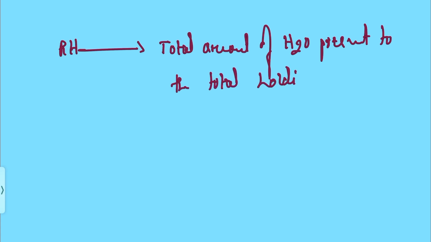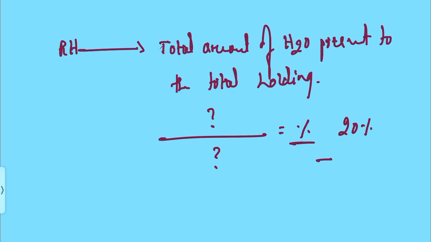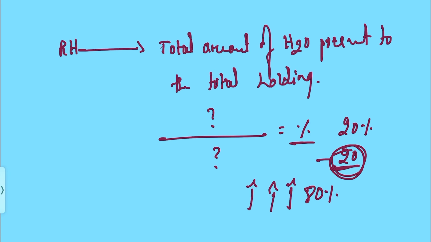This is the formula. So, what is the holding capacity and how much water is present, expressed in percentage. If relative humidity is 20%, it means 20% of the holding capacity has been taken up. 80% is still there. You can add more water to this air before it reaches dew point.